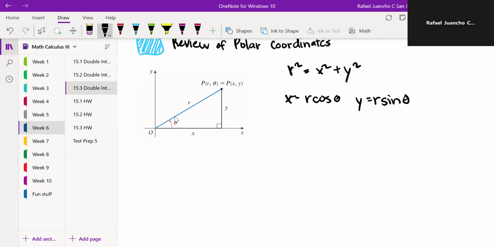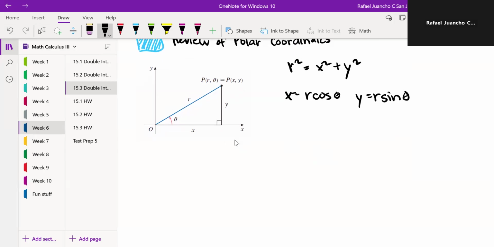We multiply the radius by the trig function of the angle to get that y value. How else can we say that this is true? Well, let's go back. What is cosine theta if we have this right triangle?